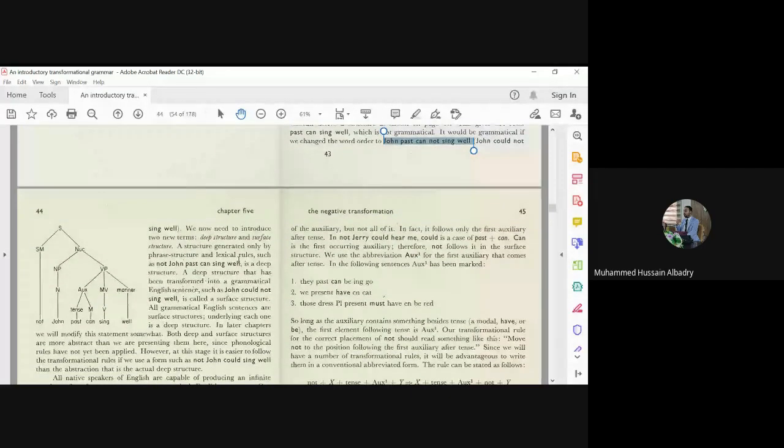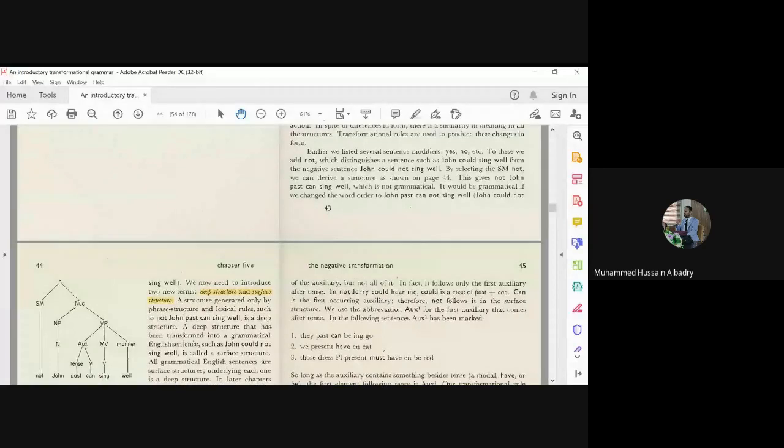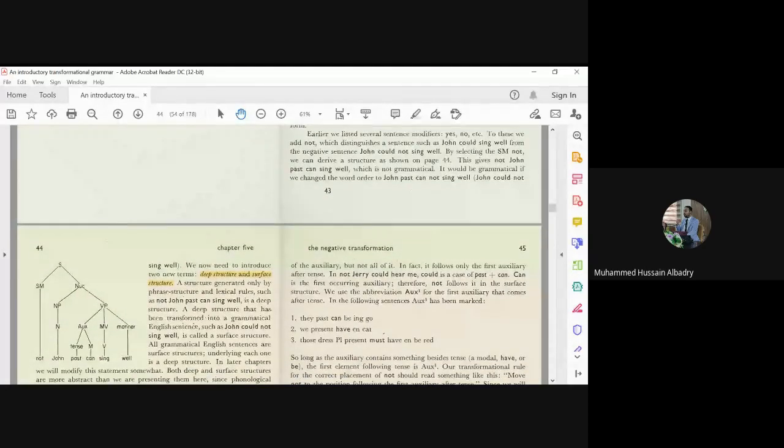So we now need to introduce two terms اللي شرحتكم عنها، deep structure and surface structure. Deep and surface. يعني هسه احنا راح نشوف شجرتين، نسوي وحدة deep ووحدة surface.